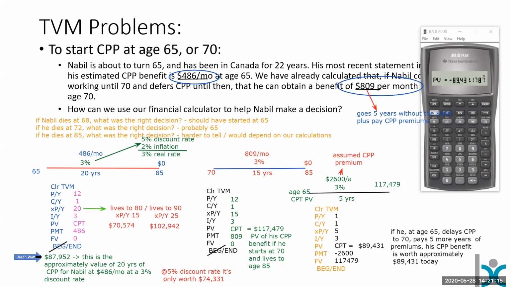But, Nabil, if you decide to wait 5 years and then take your CPP benefit, it's about the same as the government of Canada writing you a check for $89,000 today. So you're about $1,000 better off in these sort of notional terms to wait 5 years to take your CPP.